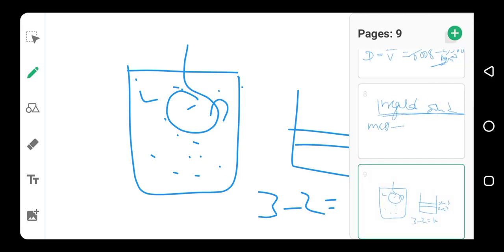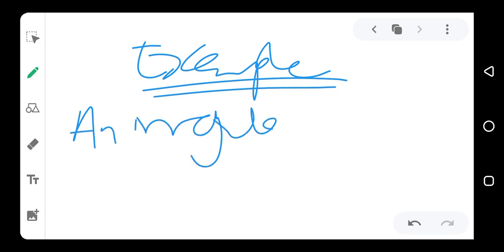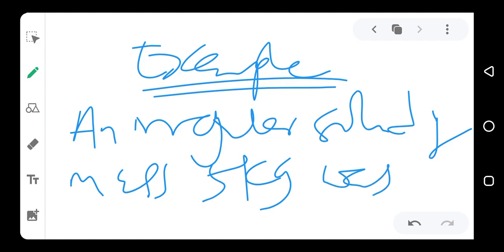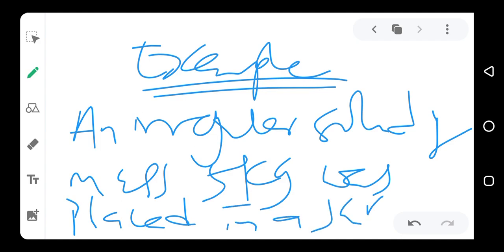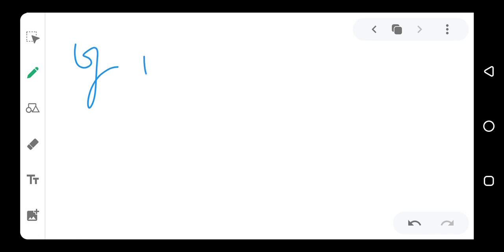For example, we may be given this question: an irregular solid of mass 5 kg was placed in a jar of water.